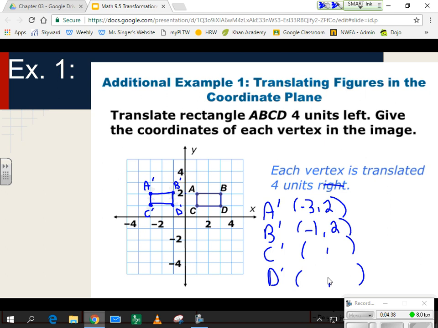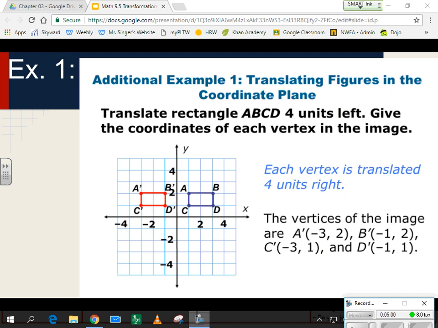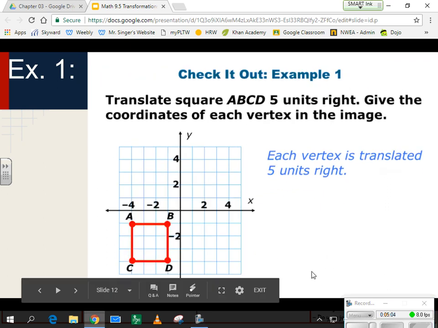C is over -3 up 1. And D is over... no, I have that right. D is -1, 1. So we took everything from being in quadrant 1 basically to quadrant 2. That's what we did by moving it 4 units to the left. Have this down before moving on. And again, this is what it should look like when it's all nice and pretty.